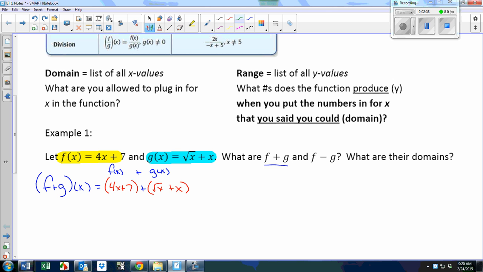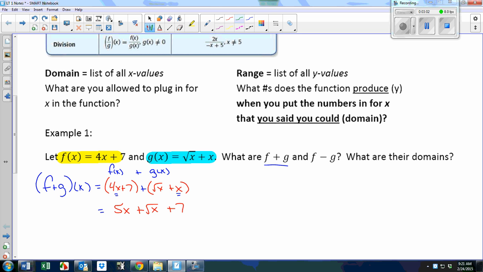When you're adding things, you add the like terms. With subtraction, it will matter, so that's why I'm putting them there. But when you add that 4x and that x, that's the only like terms, you get 5x plus the square root of x plus 7. And it doesn't seem like much, but you've just taken two functions and made it into one. You've taken g of x and f of x and you put them together.